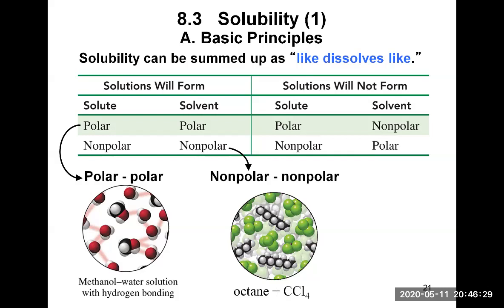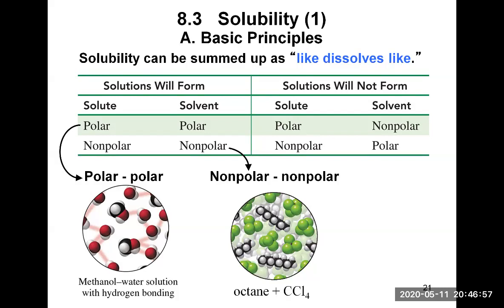And so that means a solution will not form when your solute is polar and you try to dissolve it in a non-polar solvent. Or vice versa, a non-polar solute will not form a solution with a polar solvent. So like dissolves like, you want the same kind of polarity for solubility to occur.